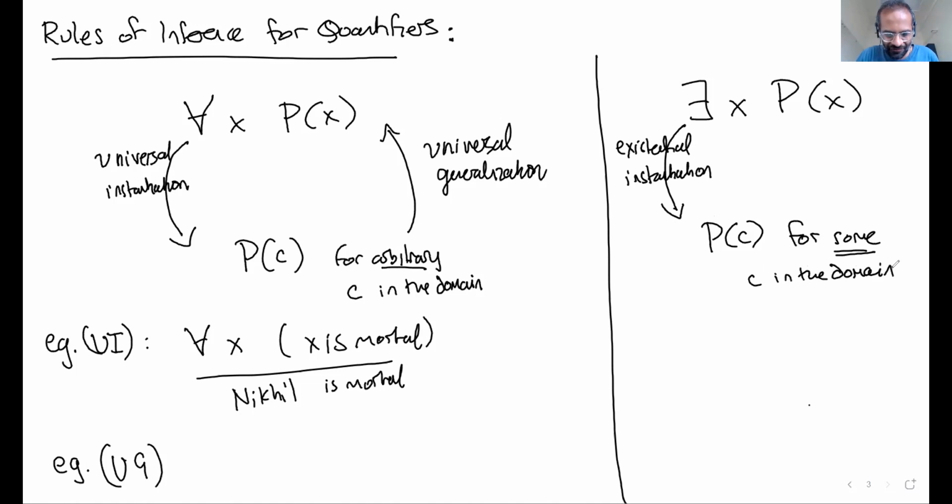So what that means is that if you know that the statement written above is true, then there must be some one point in the domain. It's almost a definition of the existential quantifier. There must be some element in the domain for which that statement holds. And this is called existential generalization.